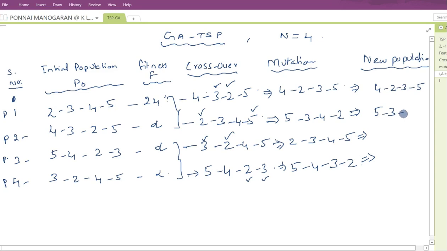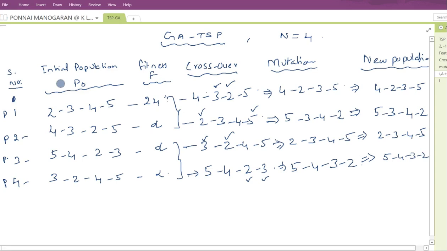Once the maximum number of iterations is reached, you will get the last population. Out of the last population, pick the solution having minimum path length. That means you have to calculate the fitness value and then choose the path with minimum fitness value. This is how we calculate the population one after another.